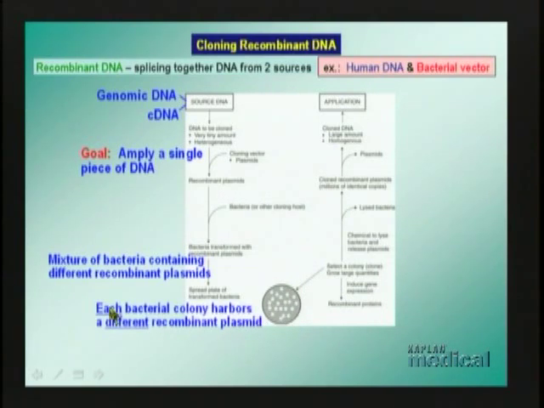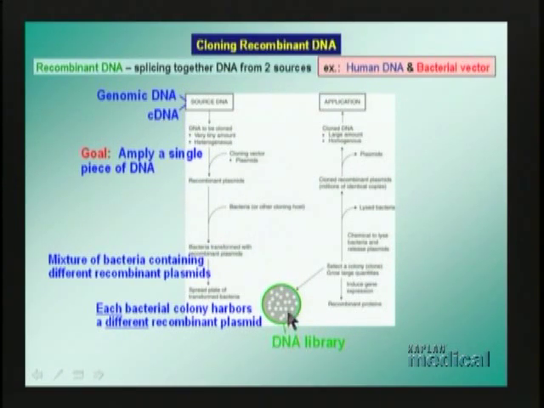Importantly, at this stage, each bacterial colony harbors a different recombinant plasmid. And so each of these colonies is actually a clone of the original colony. And so this entire plate is what's viewed as a DNA library. If, way back at the beginning, the source of DNA is genomic DNA, then this library can now be called a genomic DNA library. If the source of the DNA is cDNA, then this library would be called a cDNA library.